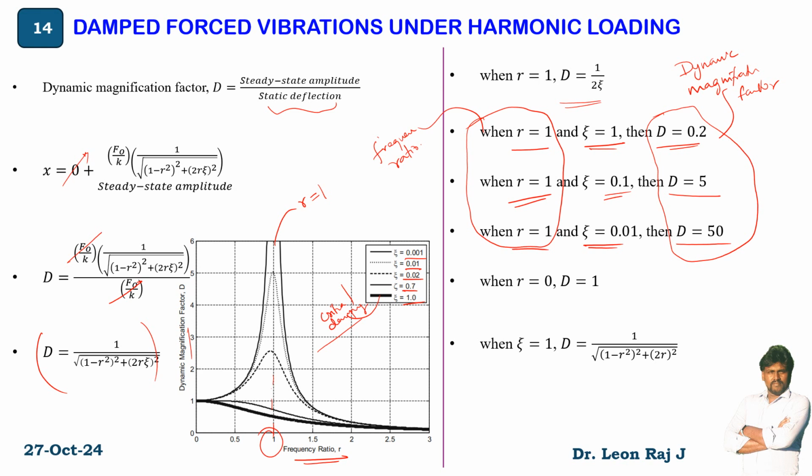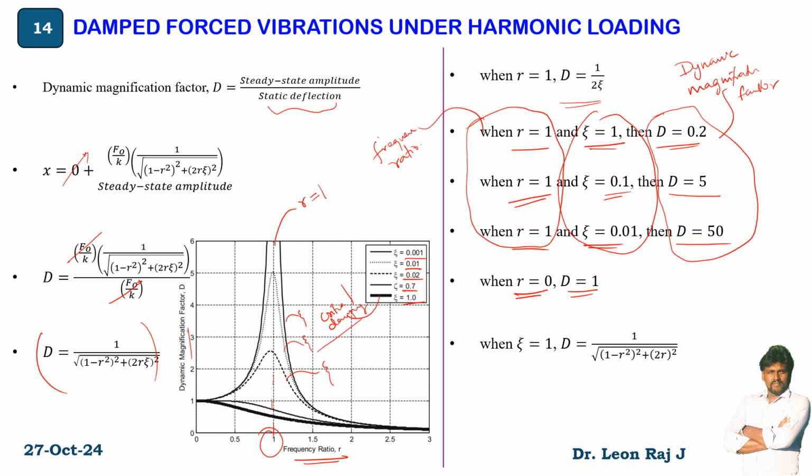For different psi values, for different damping coefficients, when the frequency ratio is equal to 1, the dynamic magnification factor increases, or it amplifies more. When r equal to 0, then d equal to 1.